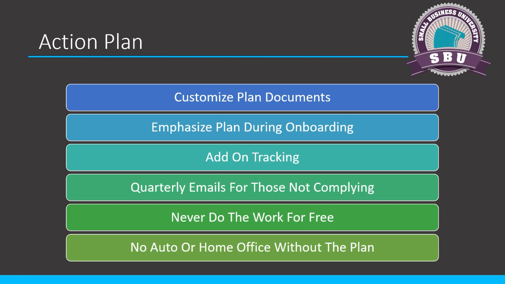99% of the time, that's not going to be the case. The reason being, and I'm going to get into a lot of this when we do the automobile expense module, which is part of this course that you're in, most of the time they are not in the business's name. They may try and tell you, oh no, yeah, I use it for the business, it's in the business, and you say, can I see the title real quick, because I have to make sure on the tax side of things that it's actually in the business's name.